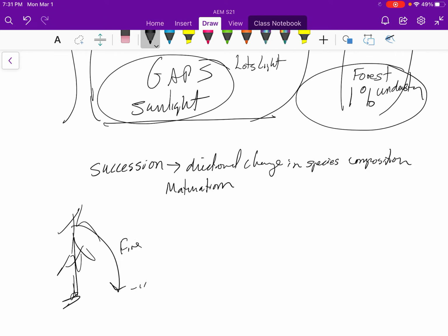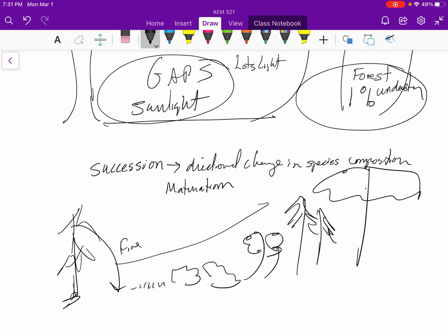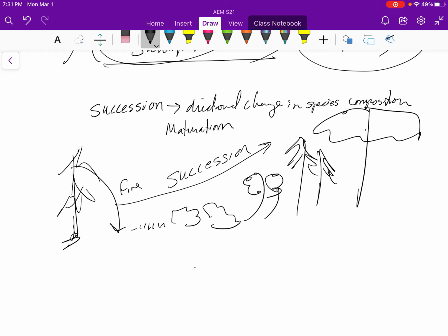You might start with grasses. From grasses, you might move to shrubs. From shrubs, you might have small trees that grow up. And small trees might be outgrown by slightly larger trees, and then those larger trees might be outgrown by larger trees still. So this process of succession occurs largely as a result of each species changing the environment that it's in and making that environment different so that other species actually outcompete the earlier stages.